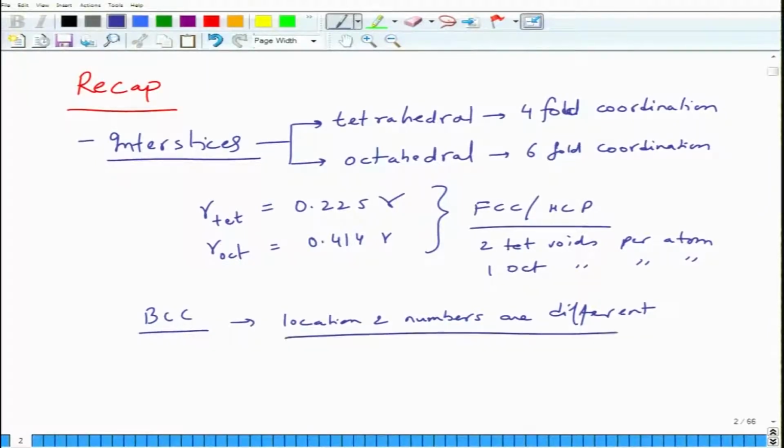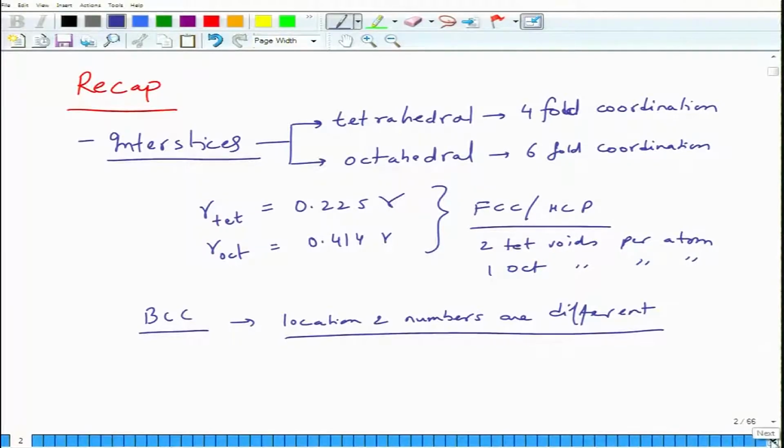That is a home exercise: what is the location of tetrahedral and octahedral voids in the BCC structure, and what is their number. And you can also calculate what is the size of atom that can fit in there. You have to be a little careful there because the sites of tetrahedra and octahedra are different, they are not regular. As a result, you need to look at the minimum side length.